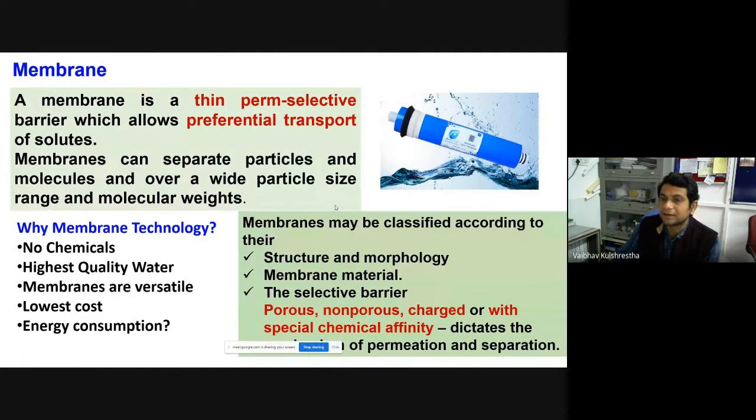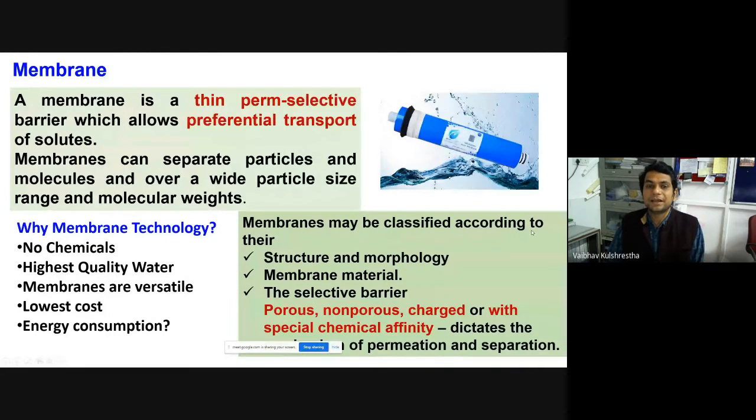In fact, nature also gives different membranes; the kidney is the main natural membrane. Why membrane technology? No chemical is required, and we get the highest quality of water from the membrane. They are versatile and the cost is low. In fact, energy consumption is the main drawback for these membranes.